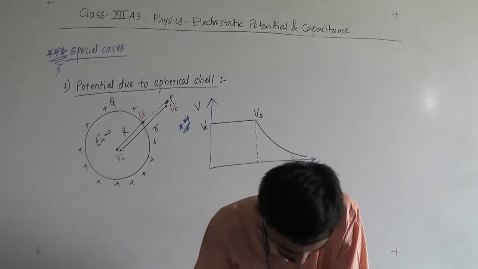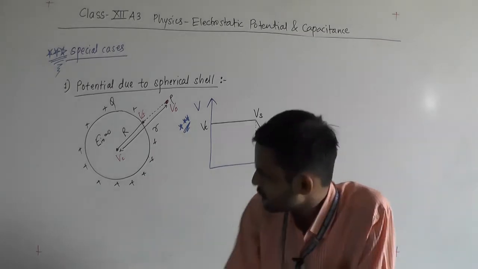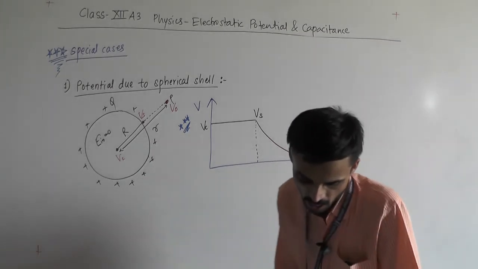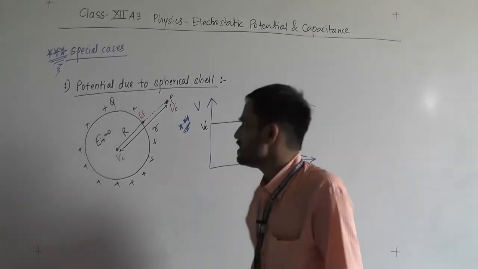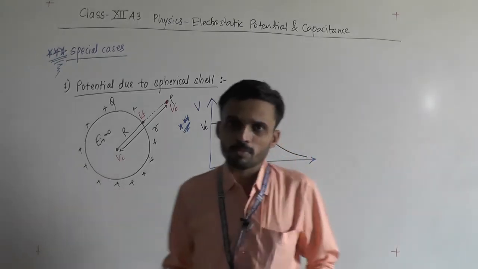So VO will be, it's very simple, Q upon 4 pi epsilon naught R. So इसका आपको आपके लिए there is no derivation of this.